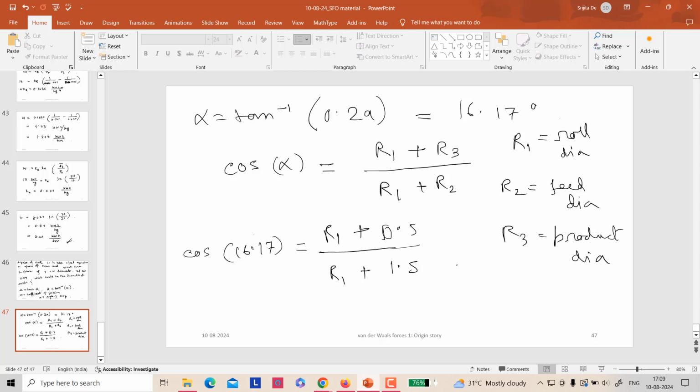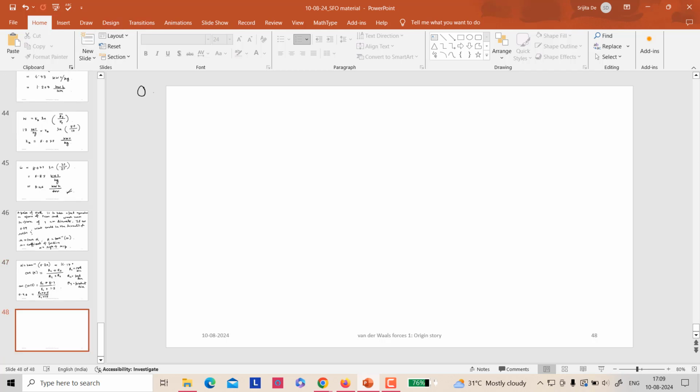What will it come? So it will be 0.96 equals R1 plus 0.5 by R1 plus 1.5. So it will be 0.96 R1 plus 1.44 equals R1 plus 0.5.